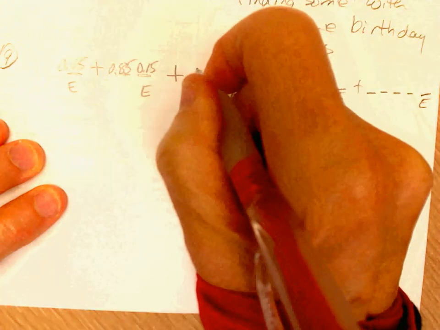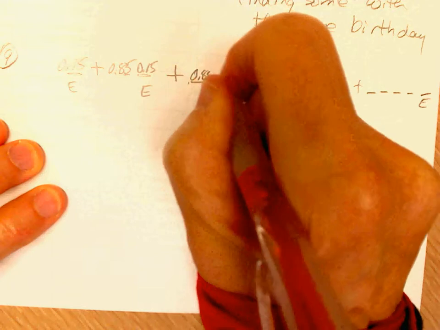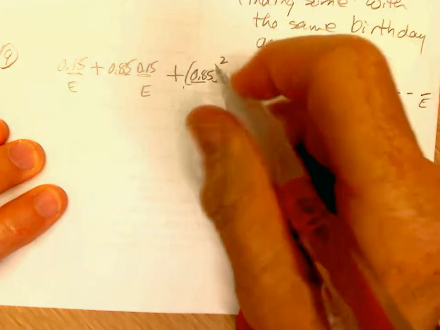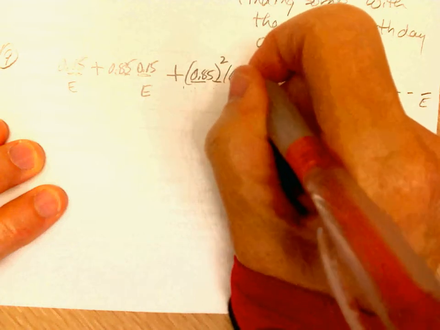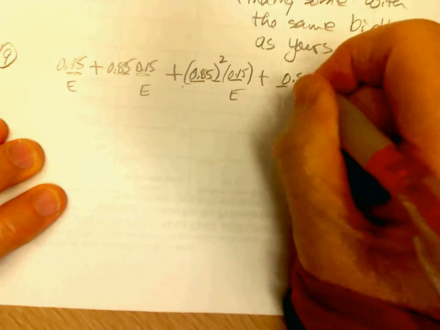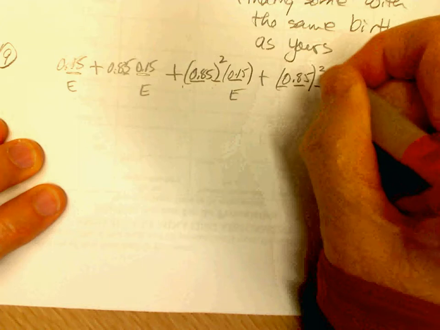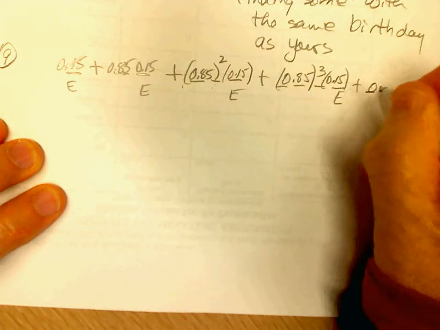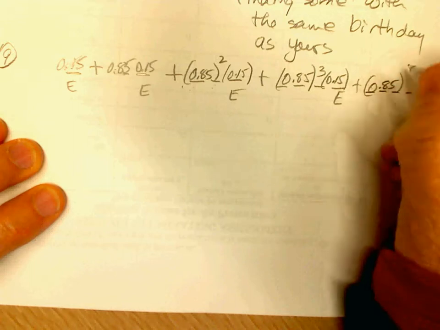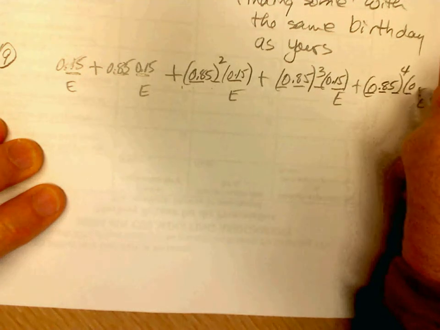Then 0.85 squared, because it has 2 spots, times 0.15, or 0.85 cubed times 0.15, plus 0.85 to the 4th times 0.15.